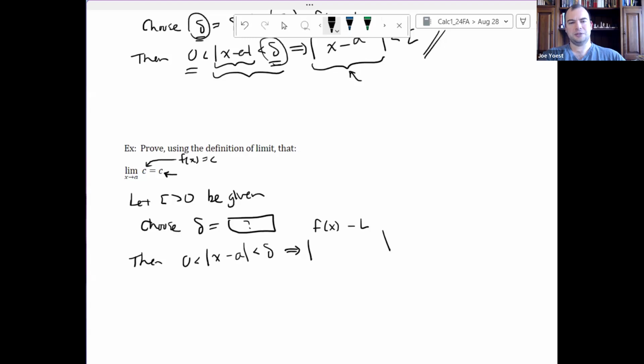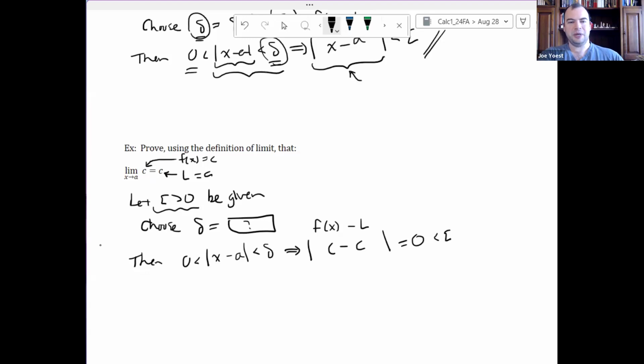And L is the value that the limit is equal to. f of x minus L is just c minus c. But c minus c is just always 0. And epsilon has to be a positive number. So 0 is certainly less than epsilon.